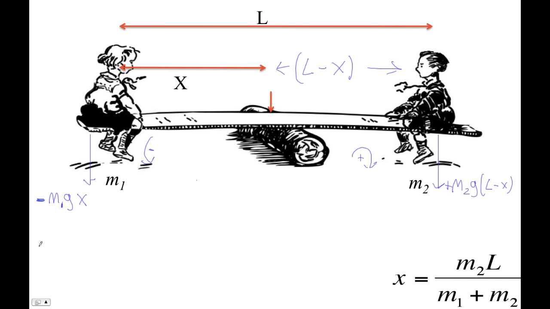So our torque expression looks like this: minus m1 times g times x, plus L minus x times m2 times g.